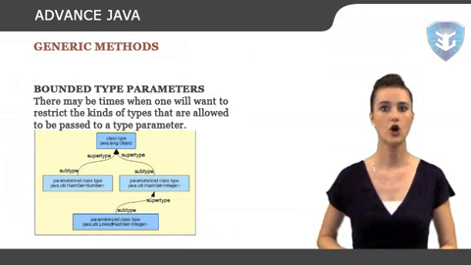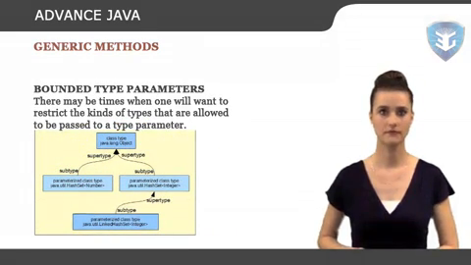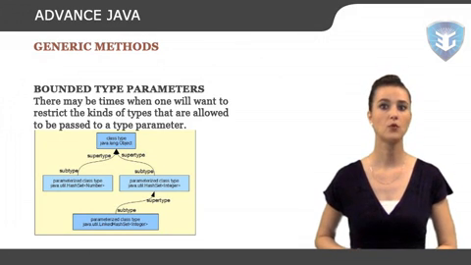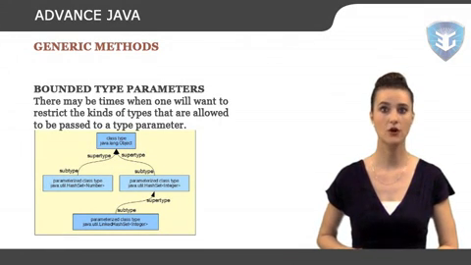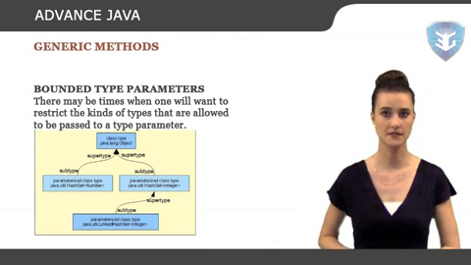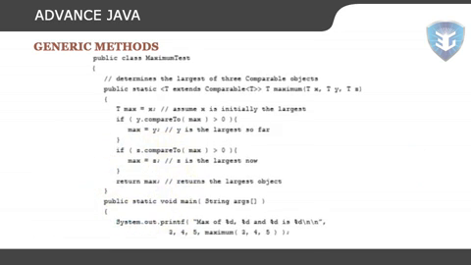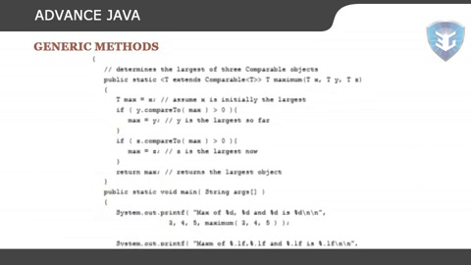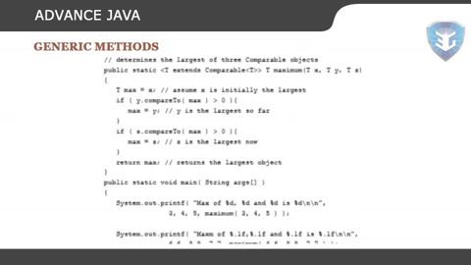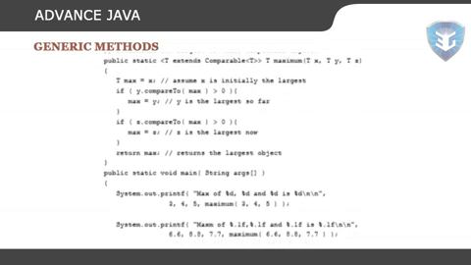Let's now have a look at bounded type parameters. There may be times when one will want to restrict the kinds of types that are allowed to be passed to a type parameter. For example, a method that operates on numbers might only want to accept instances of Number or its subclasses. This is what bounded type parameters are for. To declare a bounded type parameter, list the type parameter's name, followed by the extends keyword, followed by its upper bound.